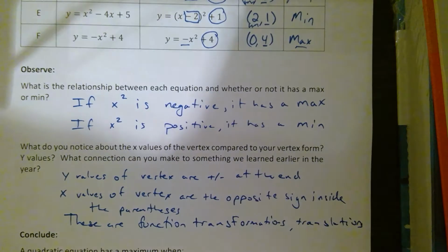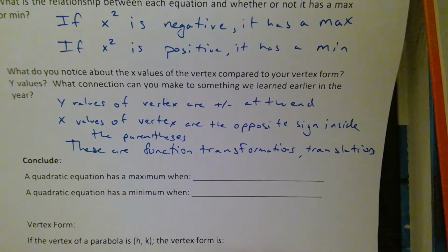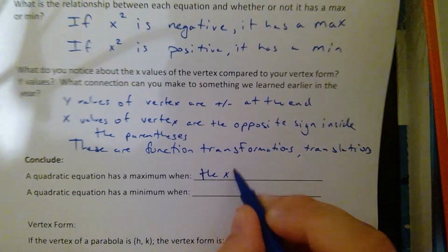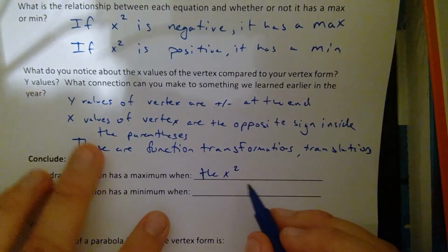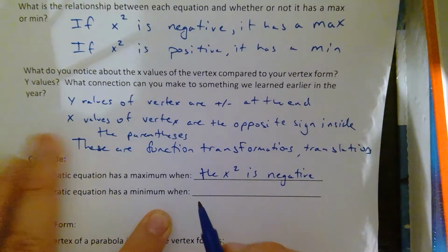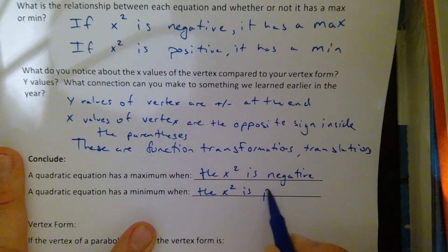So let's go ahead and summarize what we have seen so far. So a quadratic equation has a maximum when the x squared is negative. Quadratic equation has a minimum when the x squared is positive.